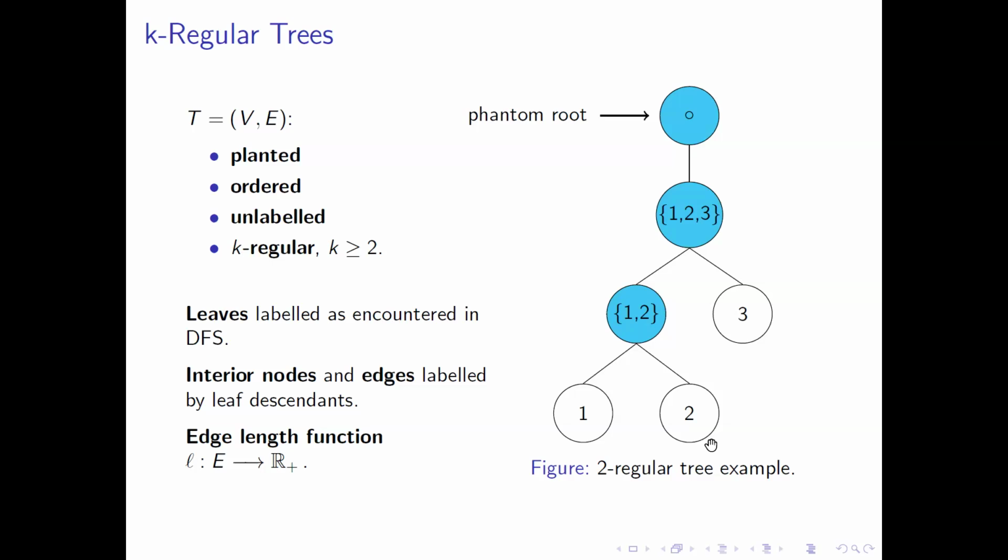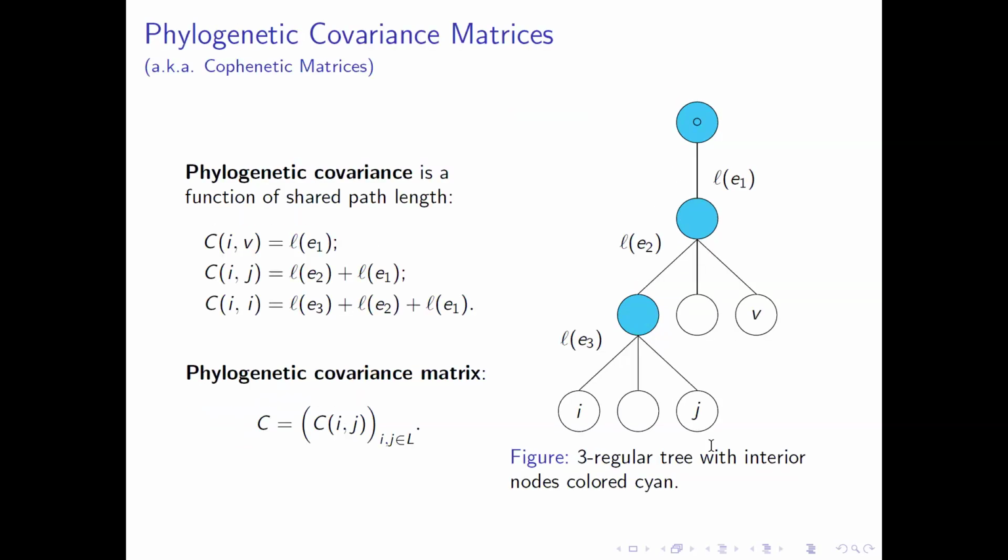We also have an edge length function associated with the tree, and this is going to give us, in the case of phylogenetics, some notion of evolutionary time passing or evolutionary distance. So in a phylogenetic context, what this covariance looks like is basically the shared edge length between two nodes.